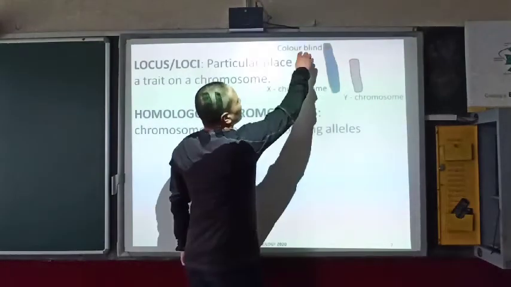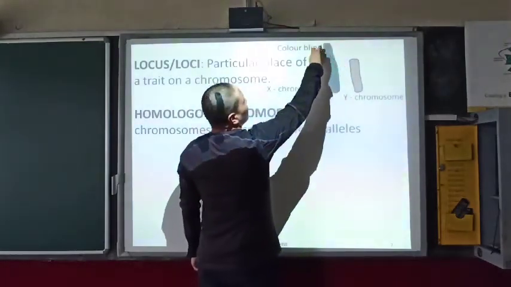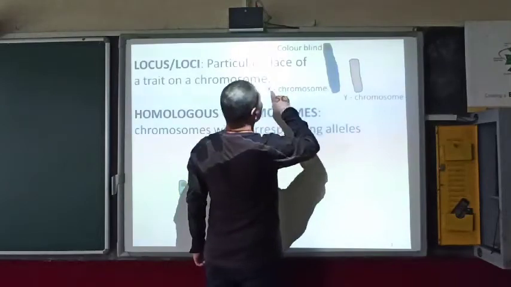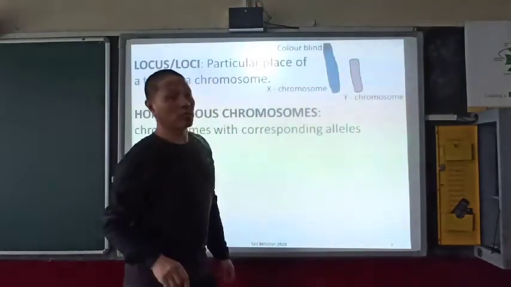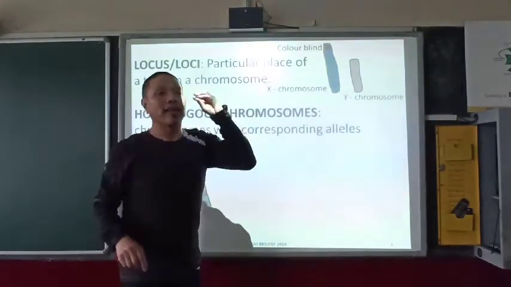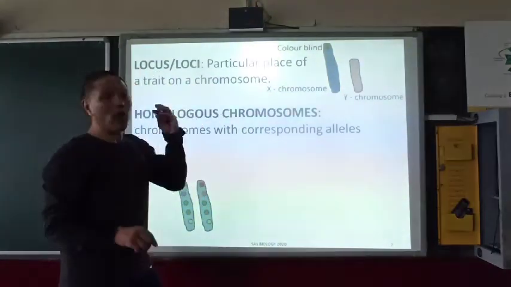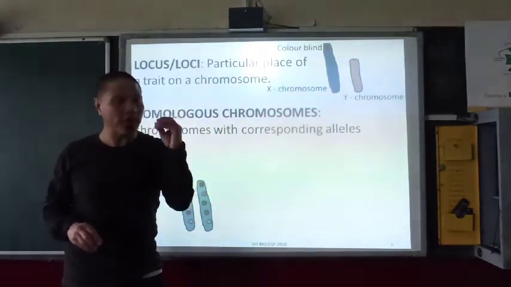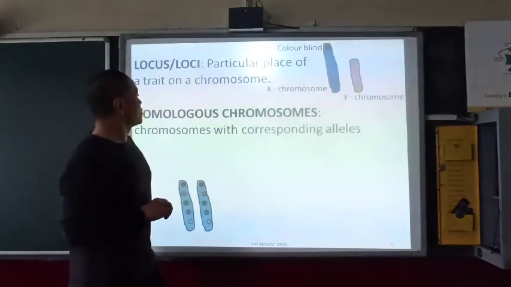So we can say the colorblind trait has its locus on the X chromosome. So locus is the actual place of the gene of a trait on the chromosome.